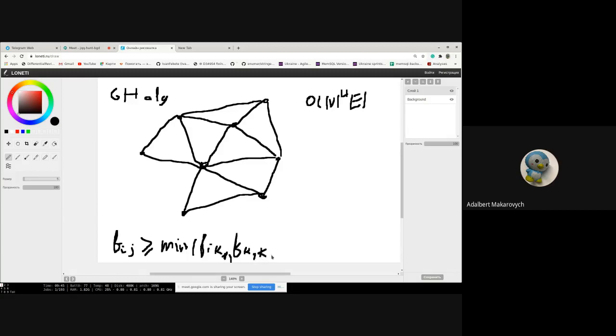Okay. Now let's consider a hypothetical complete graph on the vertices of our original network, but with every edge value set to the value of F_ij. So every edge value in this hypothetical graph is the value of the max flow between the two vertices that this edge connects.